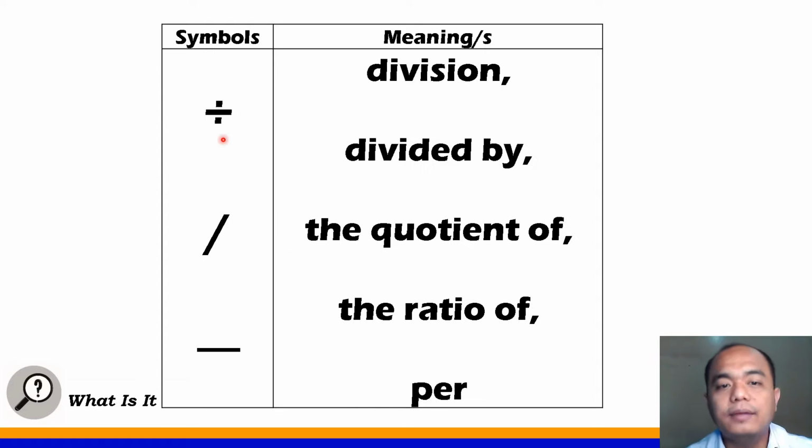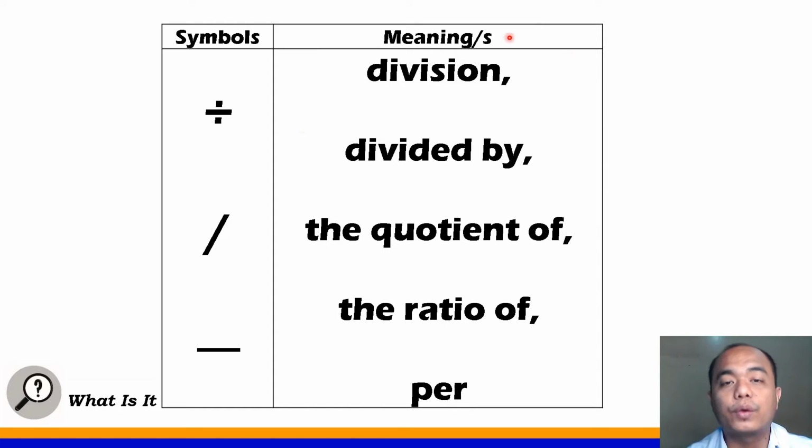Yung division naman, ito, no? So, yung slash na simbolo at saka yung guhit na pahalang na ginagamit natin sa fraction. Okay? So, these are all symbols to be used for division. Words or word phrases na pwedeng i-associate natin sa symbol ng division is also divided by, the quotient of, the ratio or the ratio of, or the word per.